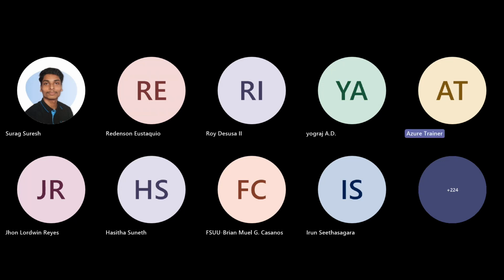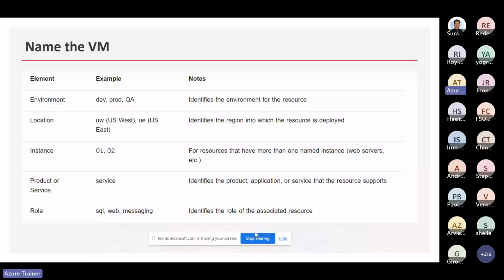While giving a name for your VM, these are the few elements we use, rather than giving jackfruit or orange or a Suresh computer or Rahman computer or a VM computer or a test one or a server one. Better to use a combination of these elements.